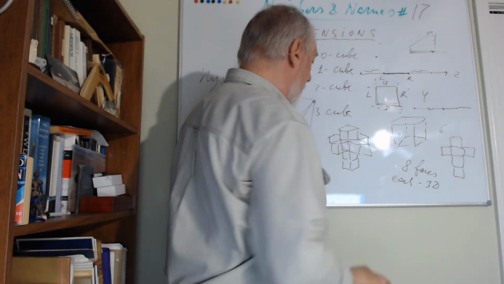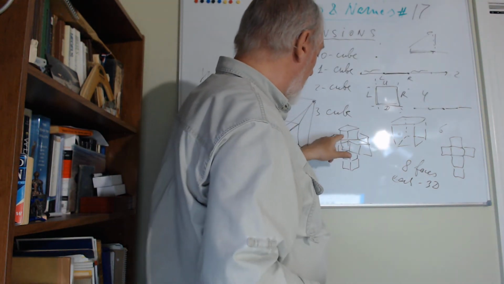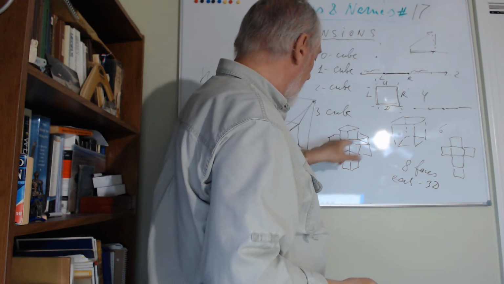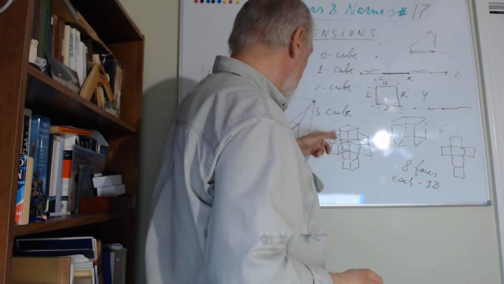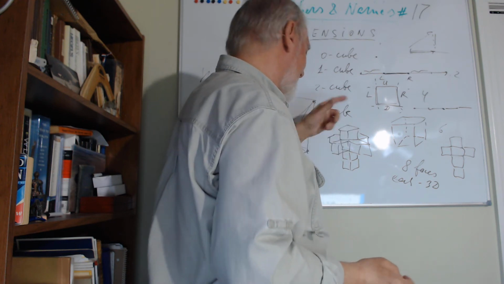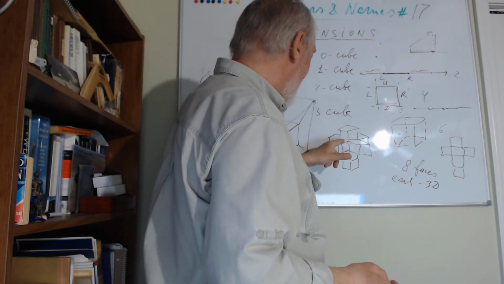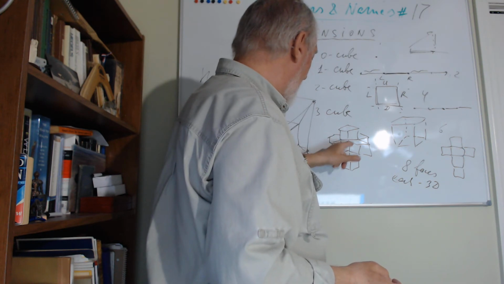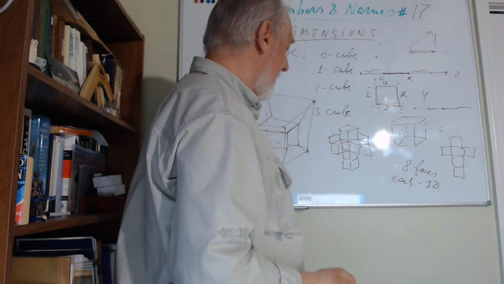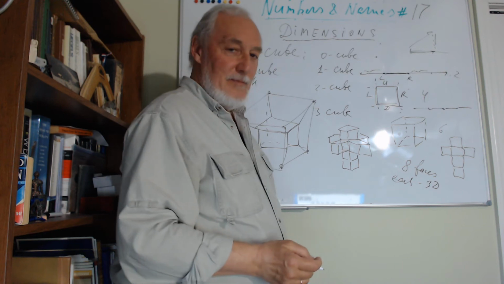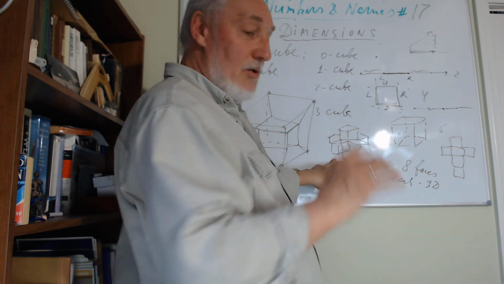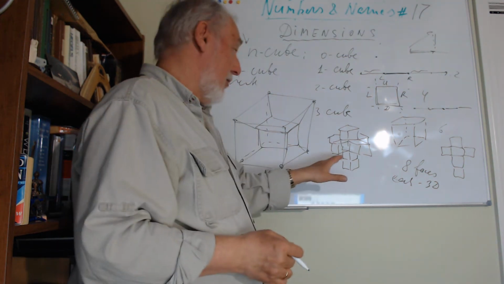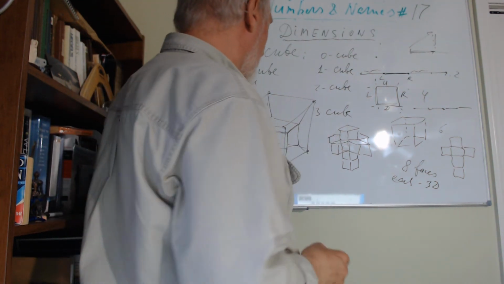How many of them are there? 1, 2, 3, 4, and in the middle 5, right? Oh, just 1. Then 1, 2, 3, 4, 5, 6, 7, 8. You can try to picture it yourself. Just draw it somewhere at home, and you will find it out.